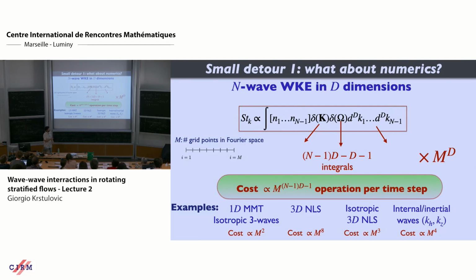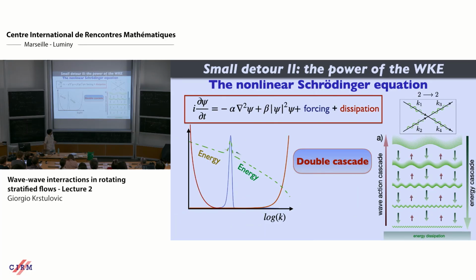If you are a bit clever and you say, okay, I will assume it's isotropic, then you reduce it to m cubed. And if you look at internal or inertial waves, which are a function of kh and kz, the cost is m to the 4. So even if you solve the kinetic equation, which is supposed to be something useful numerically, for this type of system it can be quite costly anyway. Okay, so that's the comment.